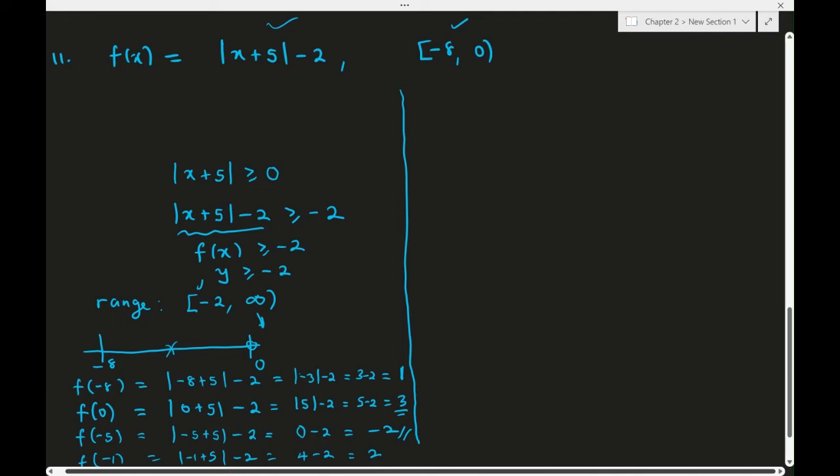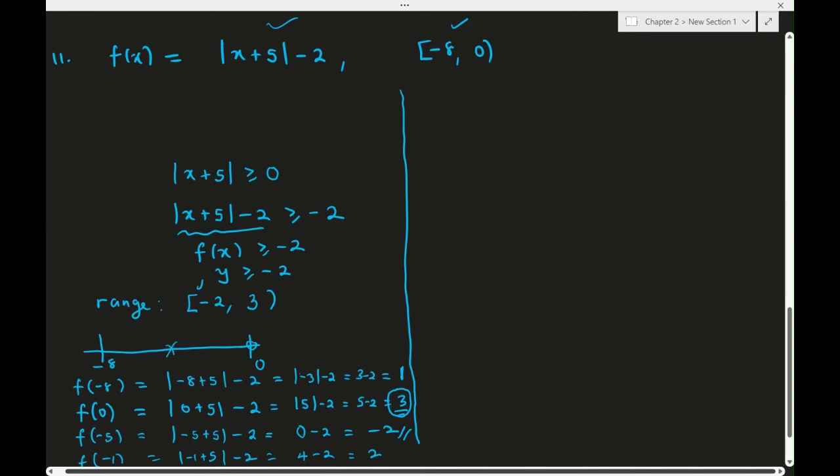So you can see that we don't have any number greater than 3. So in this case, the maximum is achieved at the endpoint. It means we can remove this infinity and put the maximum value here, which is 3.